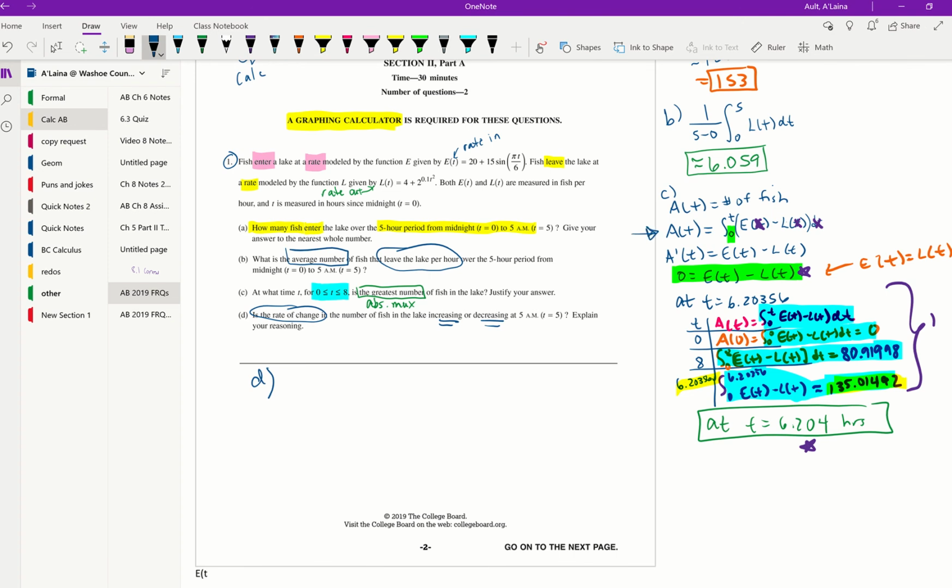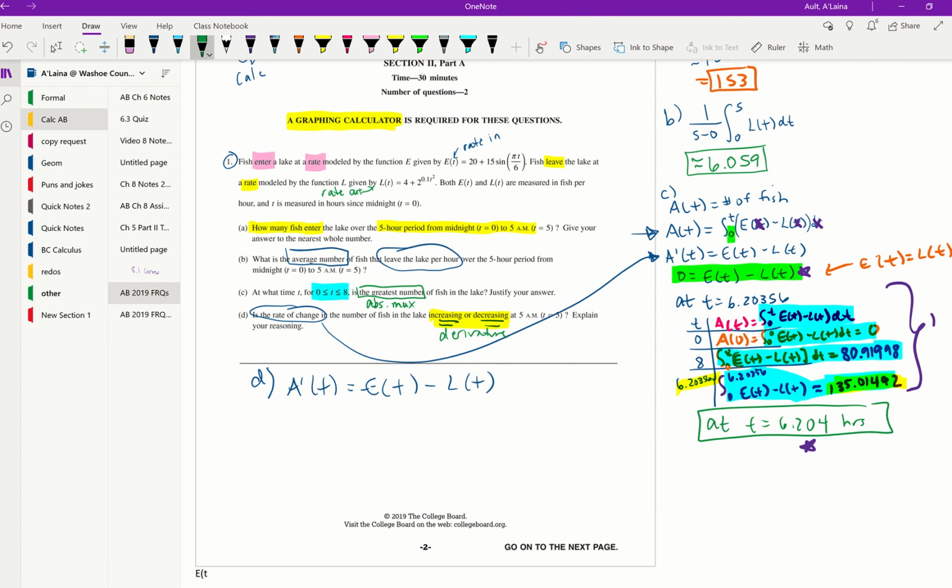The rate of change of the number of fish we found earlier: the rate of change is E of t minus L of t. Now, though, we start using the words increasing or decreasing, and those are also words to talk about derivatives. We need to take another derivative.